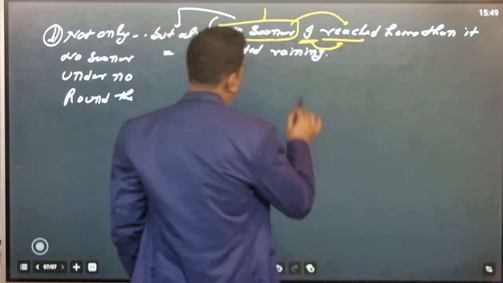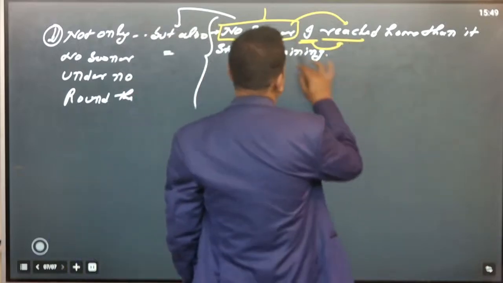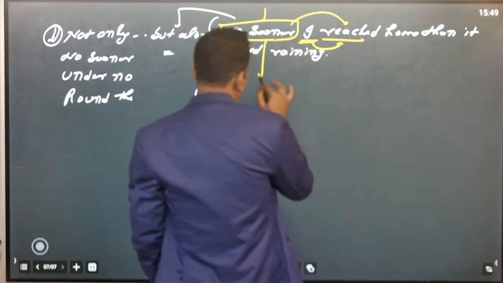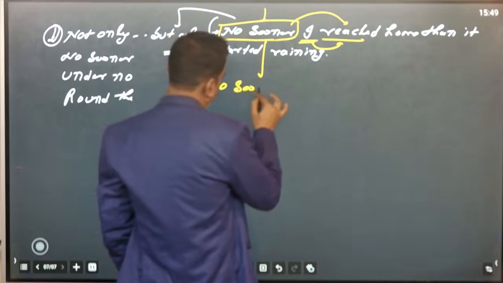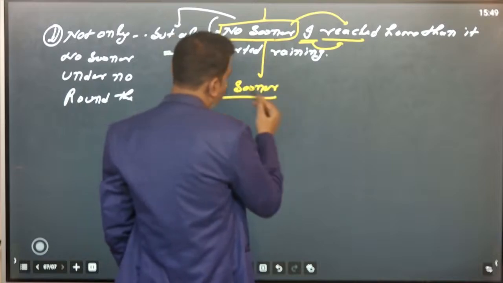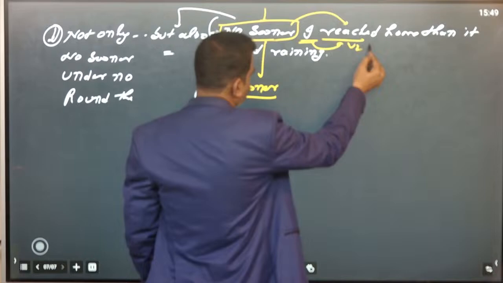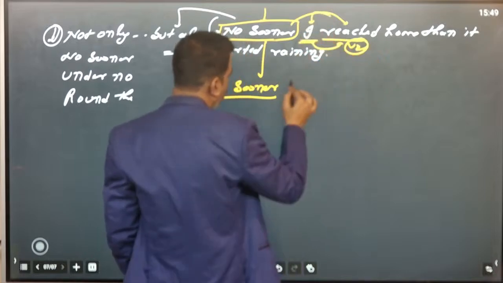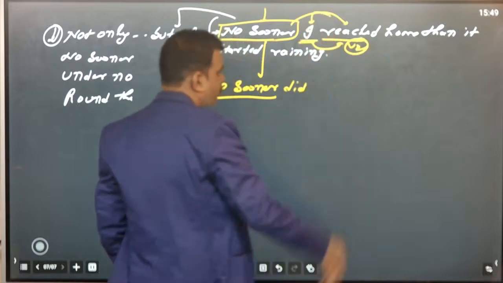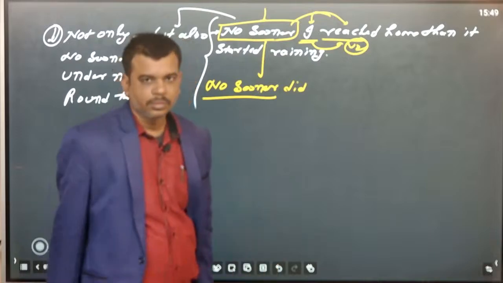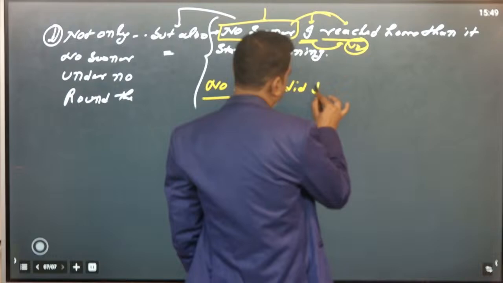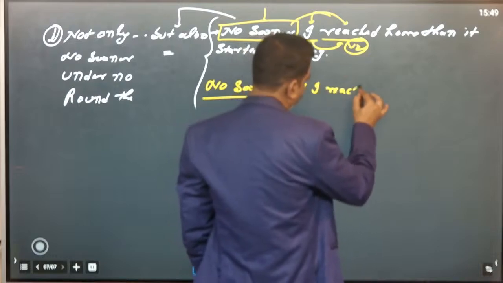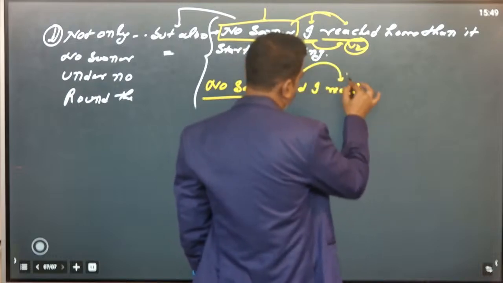So the correct way is that no sooner will be the place where it is like this. No sooner, and here reached is the V2. So for that reason, we will have did. No sooner did, and I reach, because with did V1 we use what?